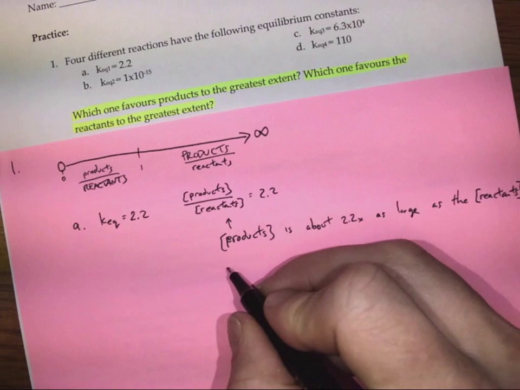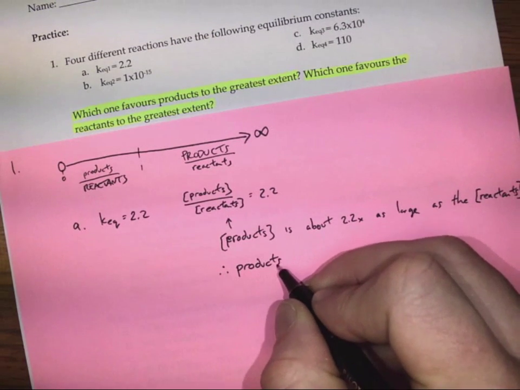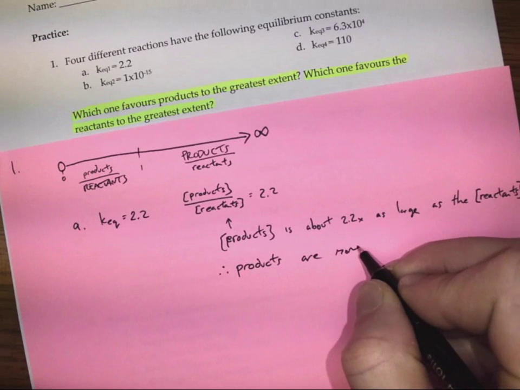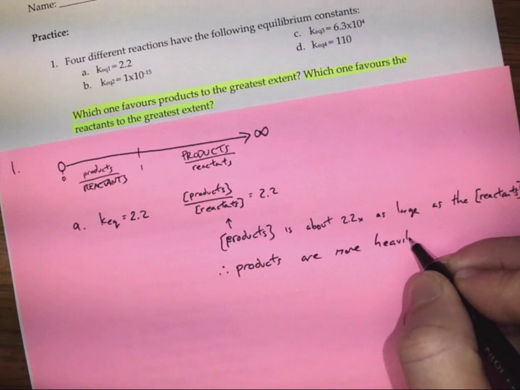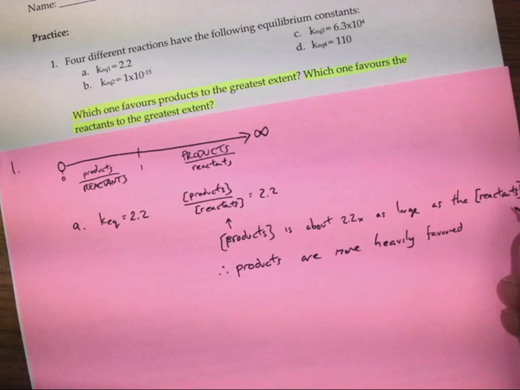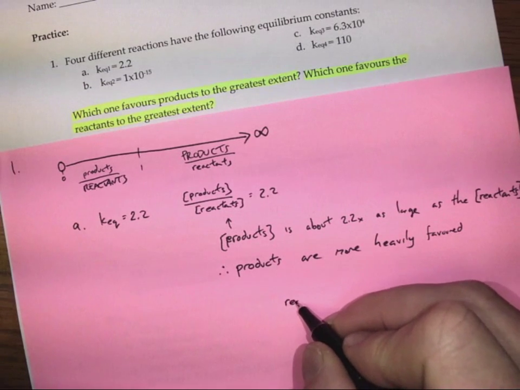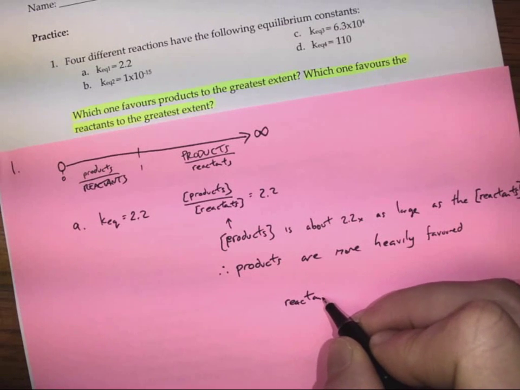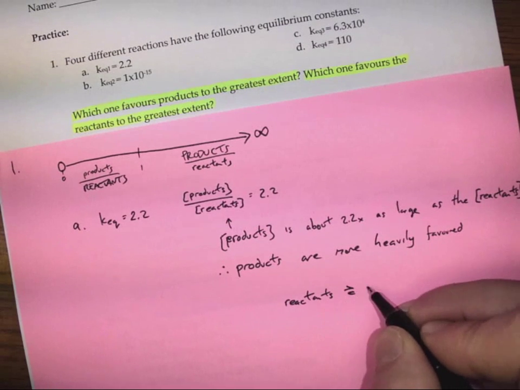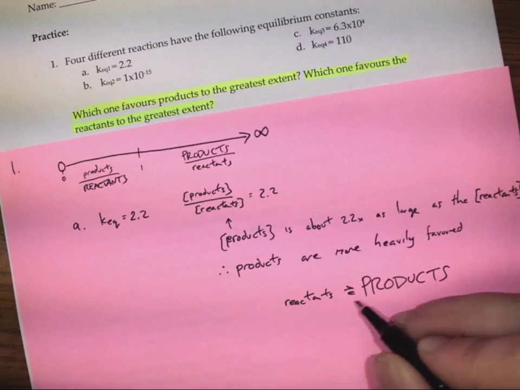Okay, so this, therefore, the products are more heavily favored compared to the reactants. And so I could write that something like this. Writing something about twice as big.